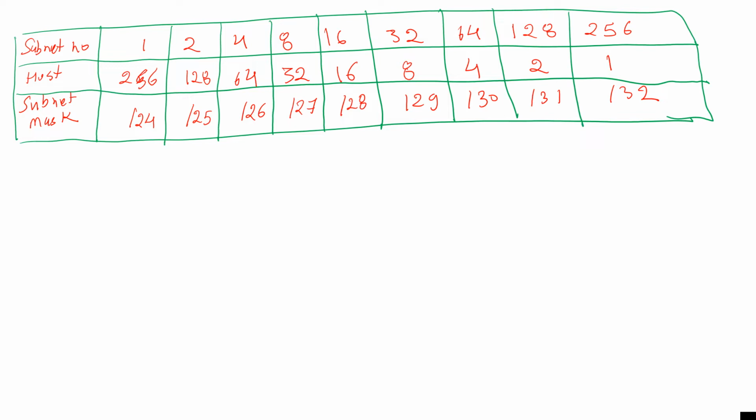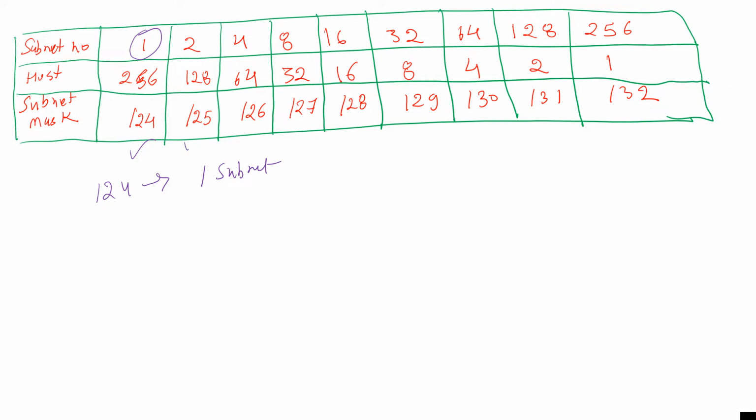In this example, suppose you go with subnet mask slash 24. What will happen? You can assign 256 hosts, but you can create only one subnet. So if you go with slash 24, one subnet.